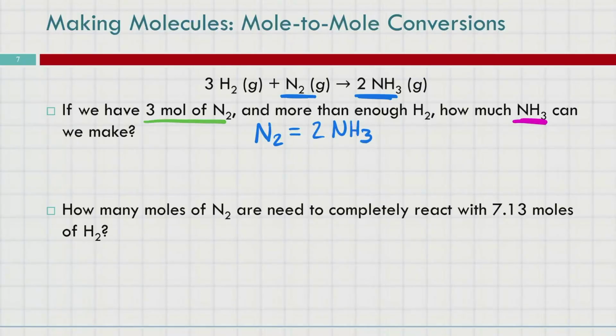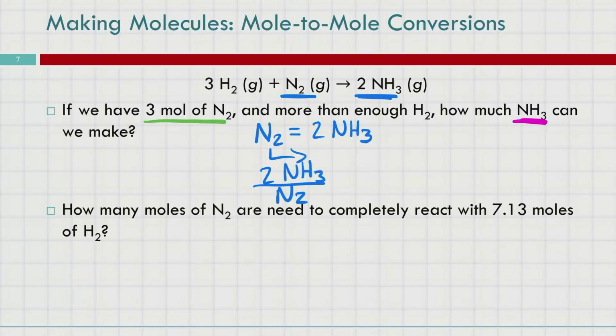So we'll call that 1 N2 equals 2NH3. Divide both sides by 1 N2 to get our conversion factor, 2NH3 over 1 N2.